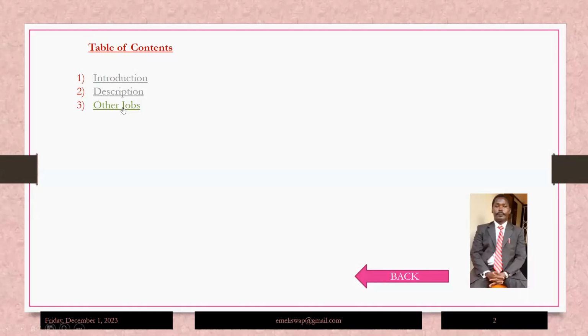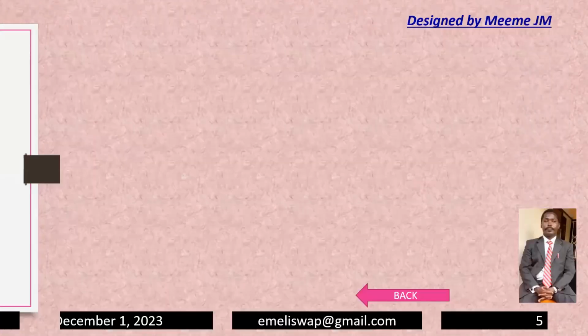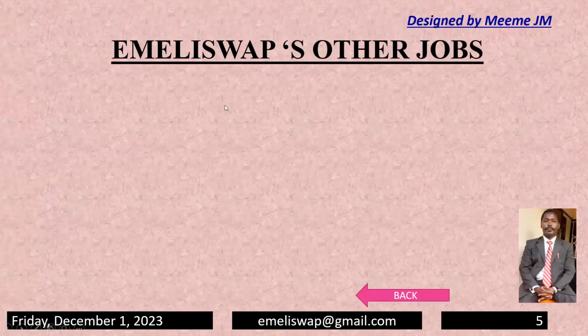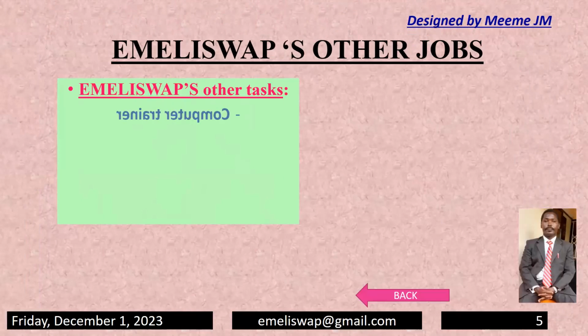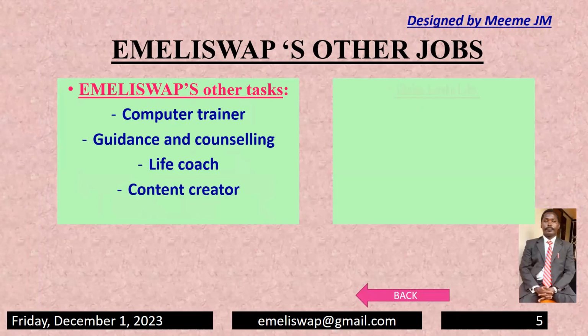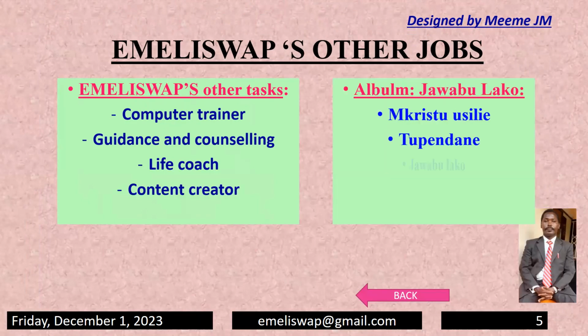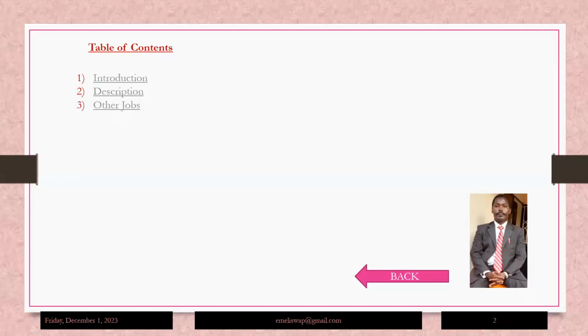If I want to present this custom show, to be taken to these slides only, I'll click on Other Jobs. You can see the custom show has opened. Once it's done playing, we are taken back to our main presentation. So that's how you create a table of contents for your presentation.